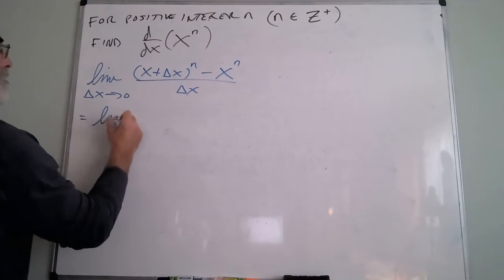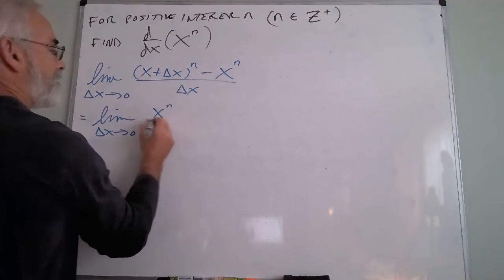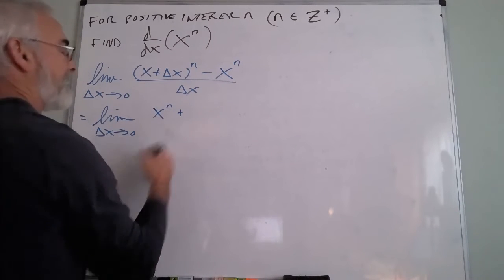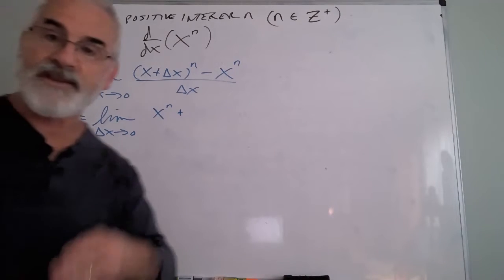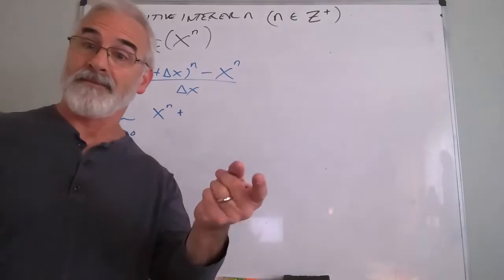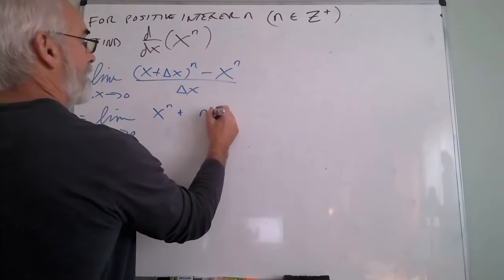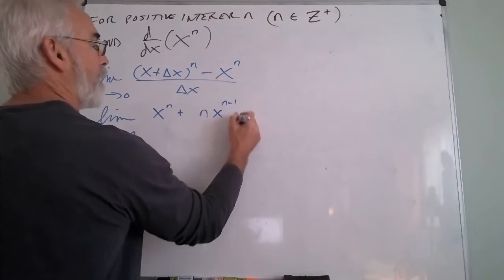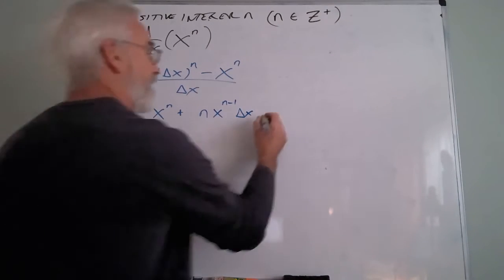And this is going to become x to the n plus. Now, in the binomial expansion, what was the next term? Remember, it's always n choose 1, which is just n, x to the n minus 1 delta x to the first power. Think of these like the a's and b's. And what's the next number?